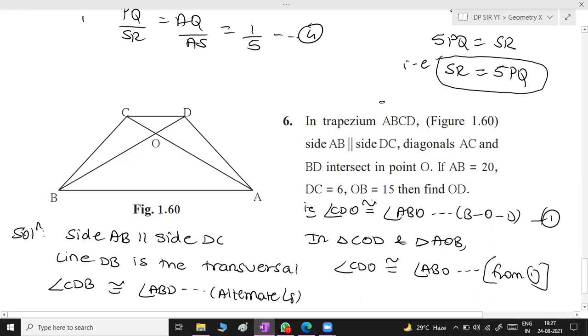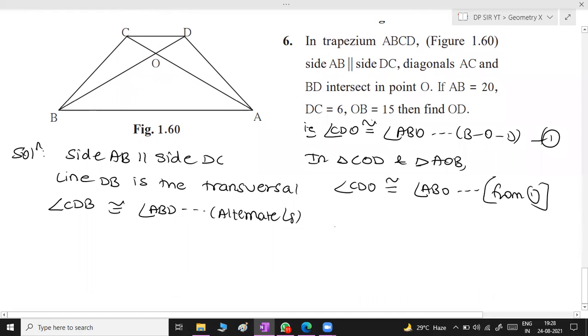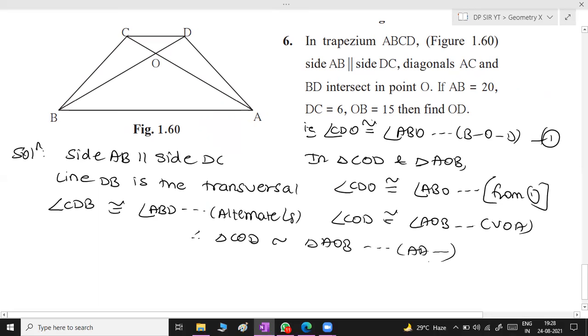My God, there are so many messages flooding today. Is there anything else here? From 1, done. Just check, do you see anything else? I can see vertically opposite angles as well. So angle COD is congruent to angle AOB, vertically opposite angles. Therefore, triangle COD is similar to triangle AOB, and they are using the AA test of similarity.